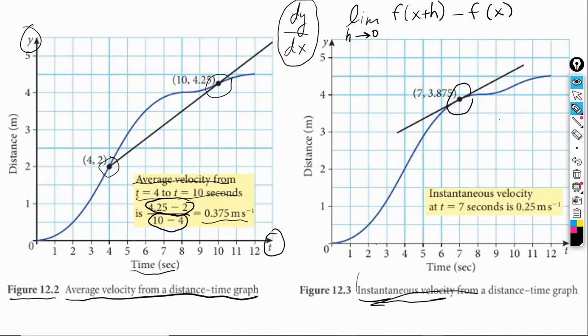Regardless of what x is, this would be the difference in y, or the difference in distance. And then what happens if we divide this by the difference in x, which is just going to be something very close to 0, h? This, by the way, is the definition of the derivative. We will go more into this as we advance within this chapter.